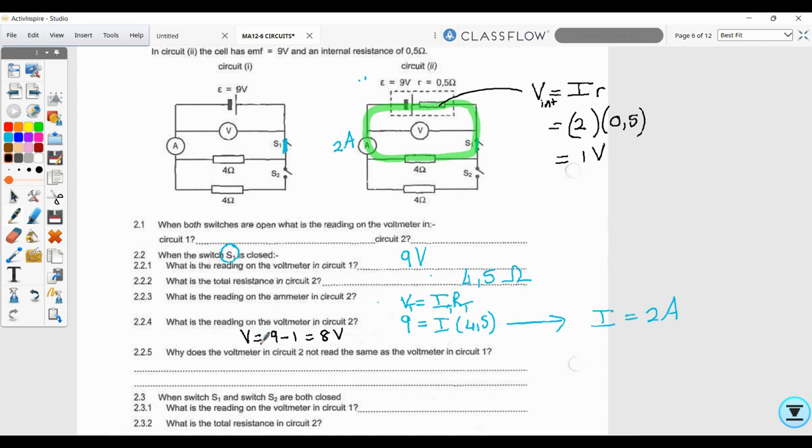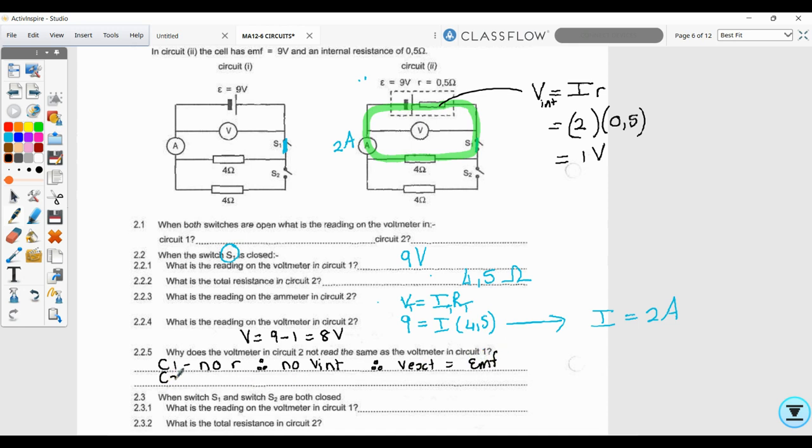Why does the voltmeter in circuit 2 not read the same as the voltmeter in circuit 1? This is an explanation type question. In circuit 1, there's no internal resistance. You've got the answer, so I'm not going to write it out properly. Therefore, no V internal, and therefore V external is going to be equal to the EMF.